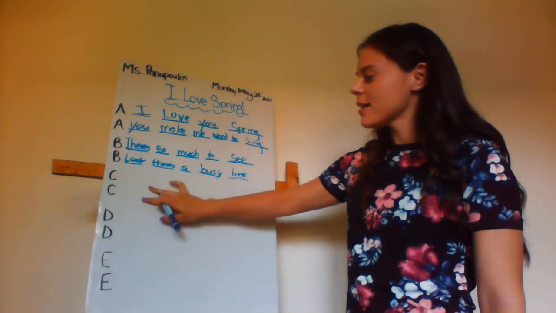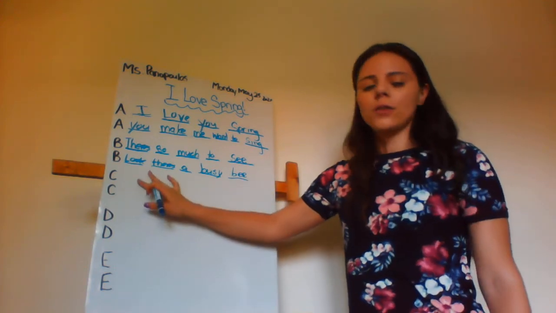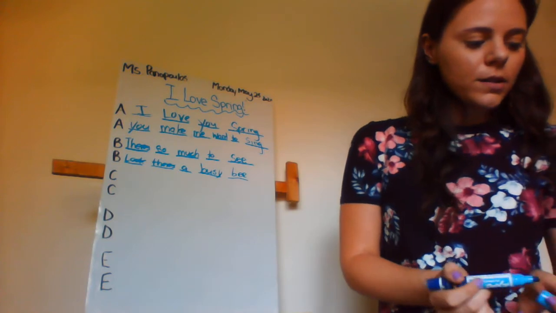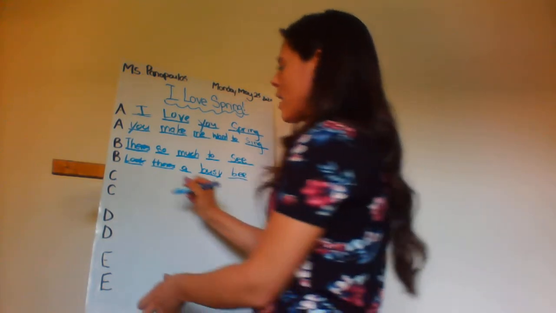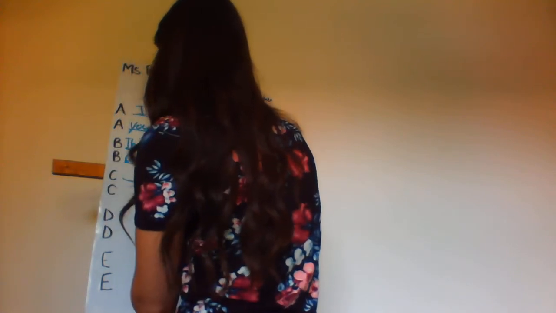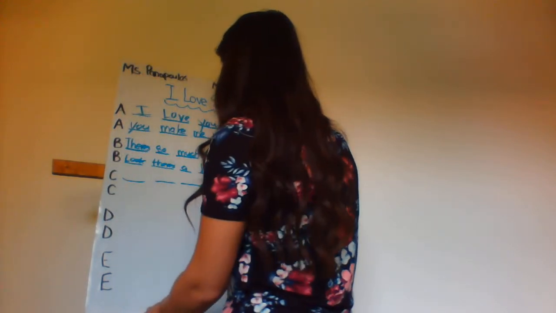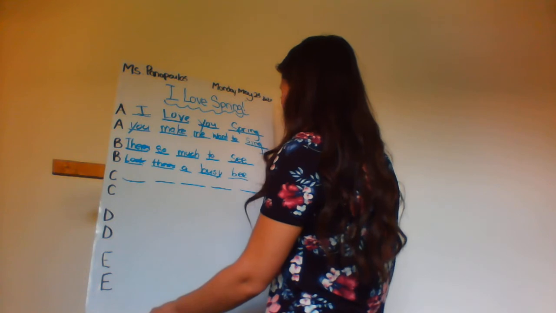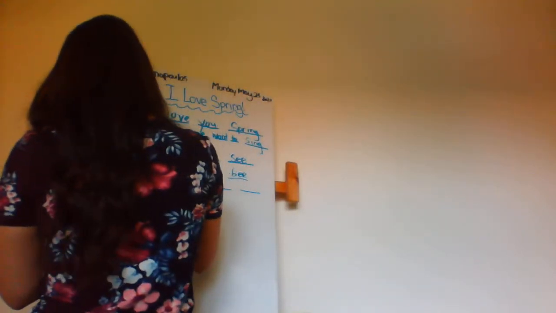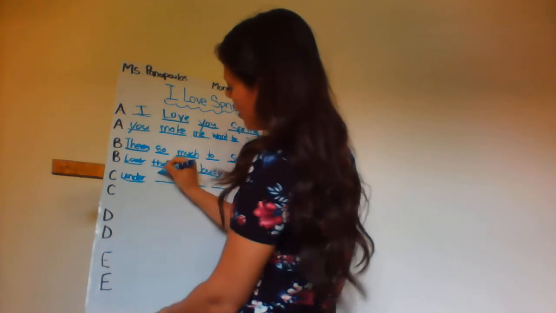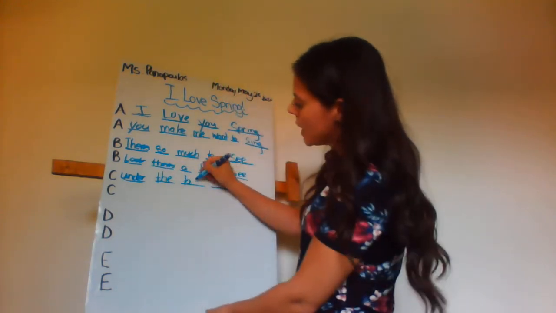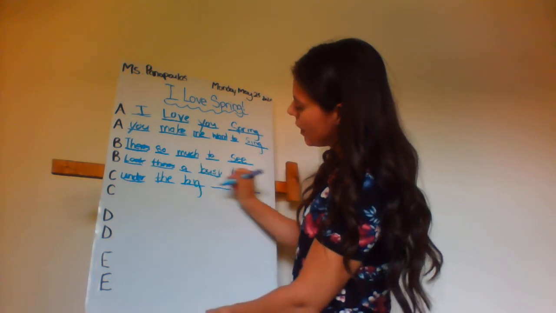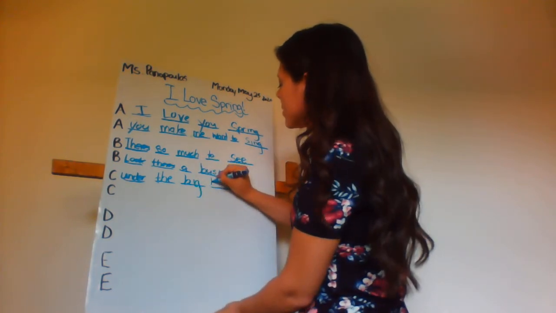Next stanza, we're going to have again another different rhyming words. Under the big bright sun. Under the big bright, bright.